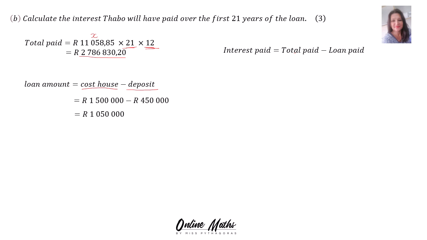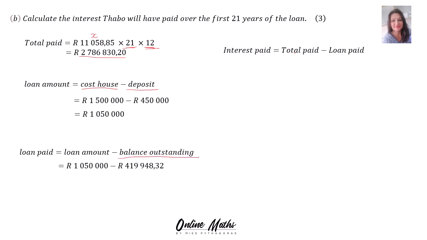Now that we know what the loan amount is, we can work out the loan that has been paid. So the loan paid is this loan amount minus the balance outstanding. And where does this balance outstanding come from? It's from the previous sum, the 4 years balance outstanding. And when we subtract the 2, we get the 630,000.